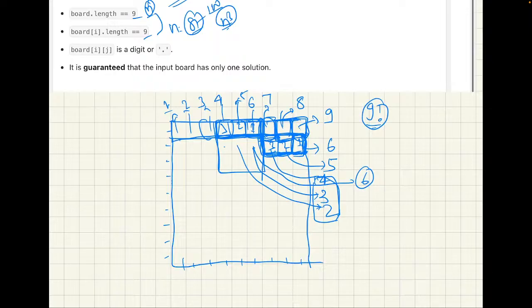Same goes for this, so it's like 6 5 4 here again, and then we come to this cell. It can be possible that this exact configuration is replicated. So let's say there's 4 5 6, this is also 4 5 6, and it's still valid.